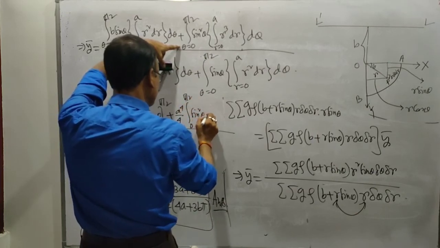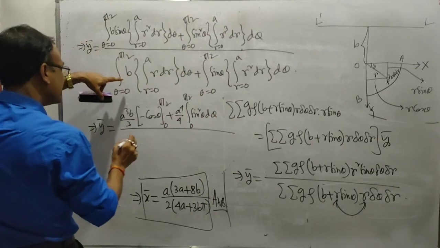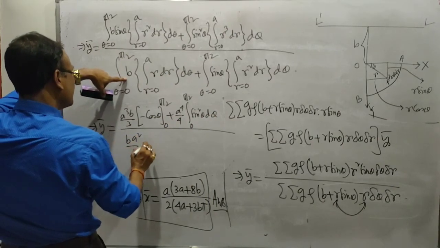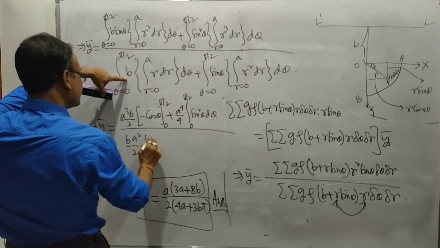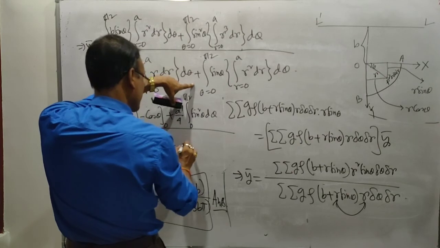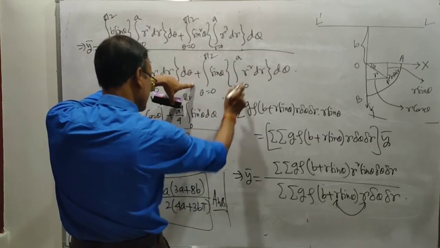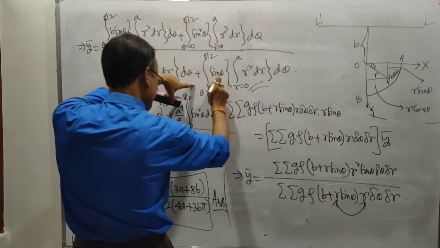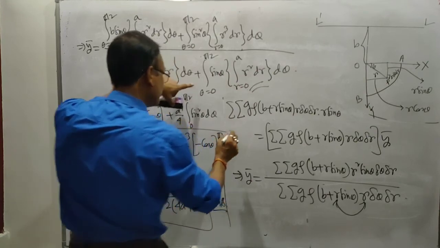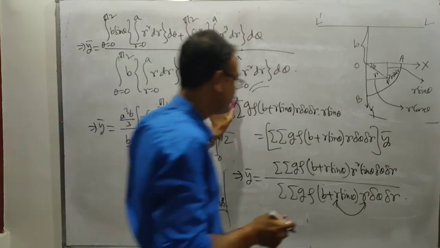You may apply the reduction formula here. Now it is b a square by 2, theta from 0 to pi by 2, plus a cube by 3, sin theta, it is minus cos theta from 0 to pi by 2. Yes, you are done.